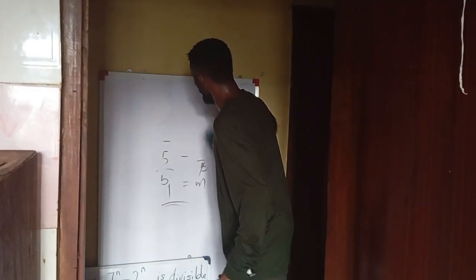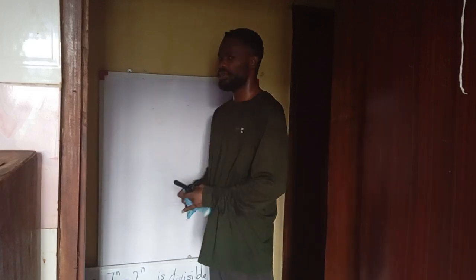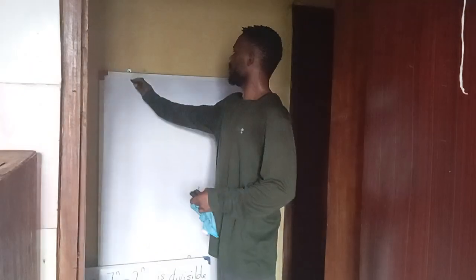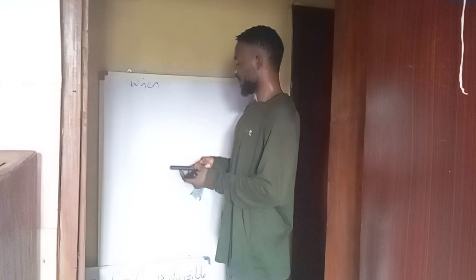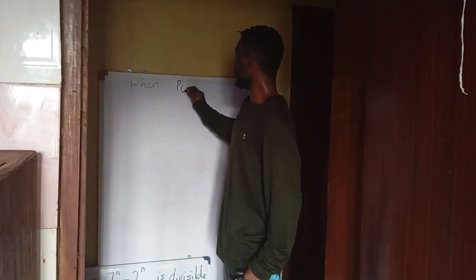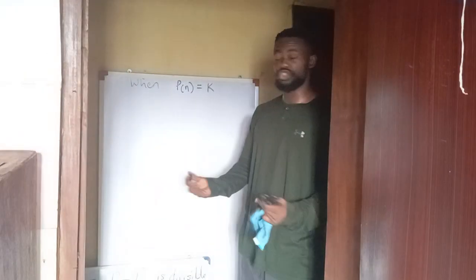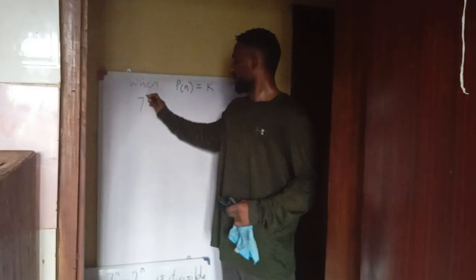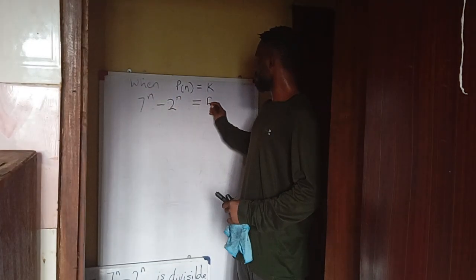This induction hypothesis is where we assume that p of n is equal to k. So that's 7 raised to the power n minus 2 raised to the power n. Remember I said always equate it to some unknown variable.